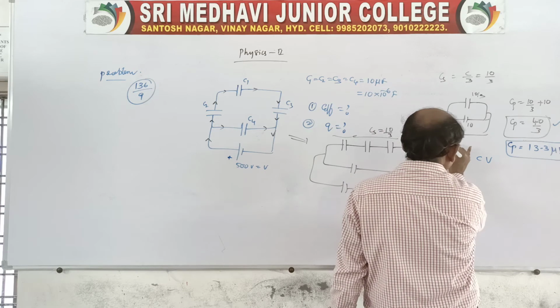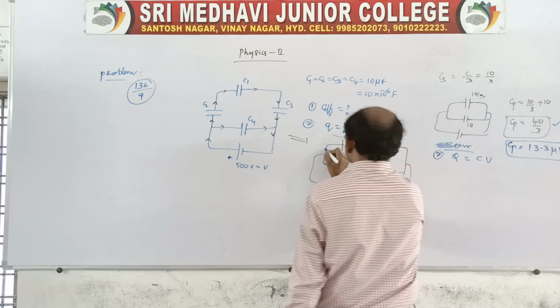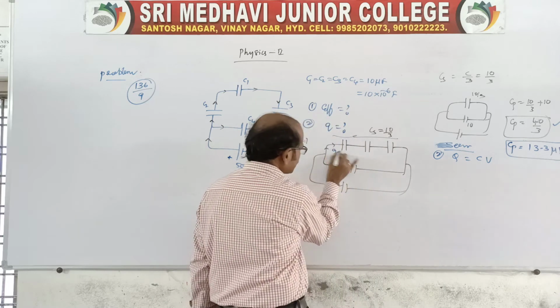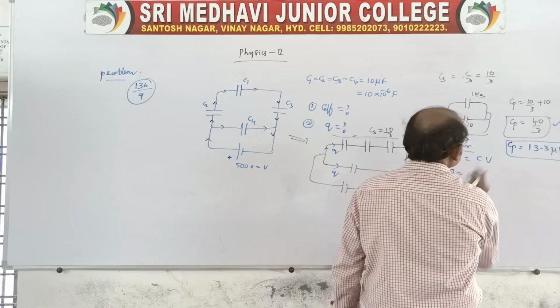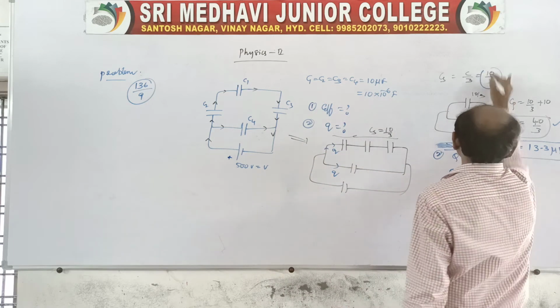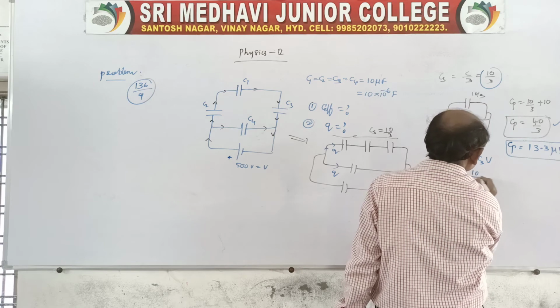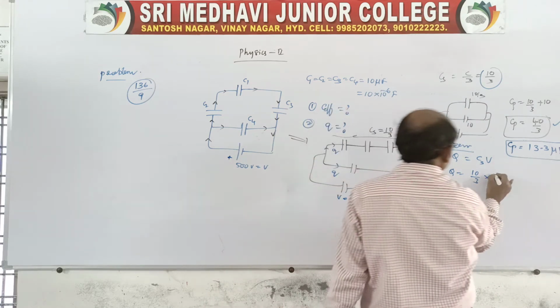I am telling about the series case, you take individually, right? For the series, the charge Q is divided like this. You get first this series combination, Q is equal to, for series combination, effective capacitance 10 by 3, so CS is 10 by 3. The supply is how much here? 500. So you write here into 500.